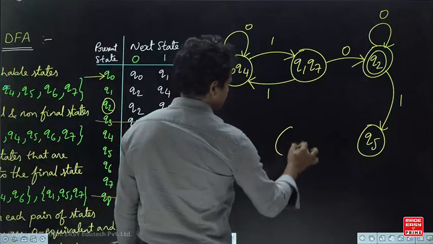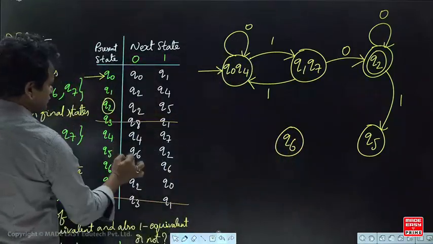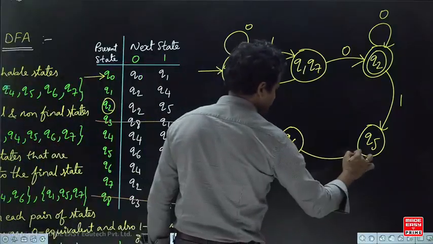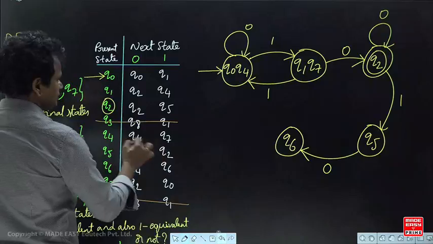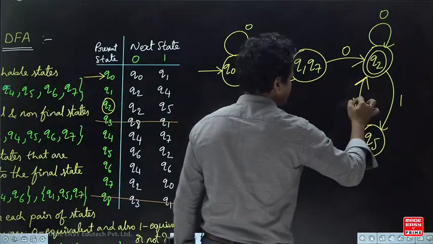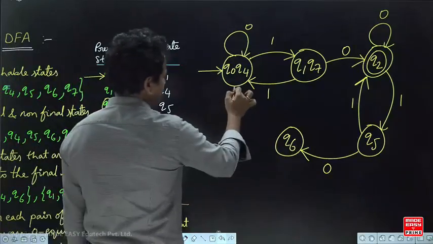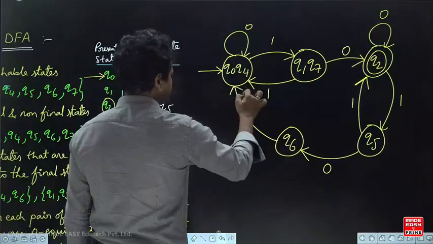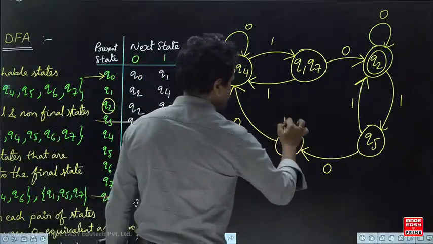Take Q6. Next, Q5 on 1, Q2. Next, Q6 on 0, Q4. Q6 on 1, Q6, itself.